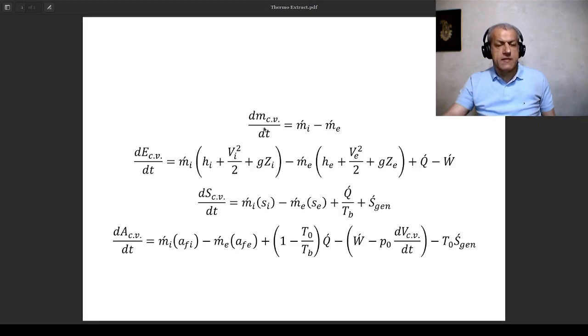This is the change of mass inside our control volume, which if we integrate between initial and final conditions, would be m2 minus m1, and this equals mi, which has entered our control volume during this process between 1 and 2, and there is no mass that has left our control volume.